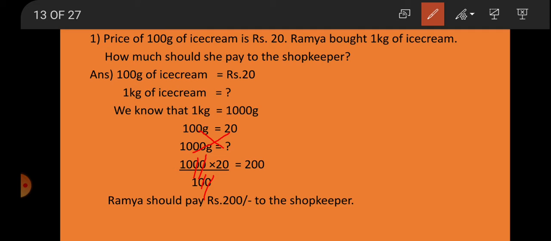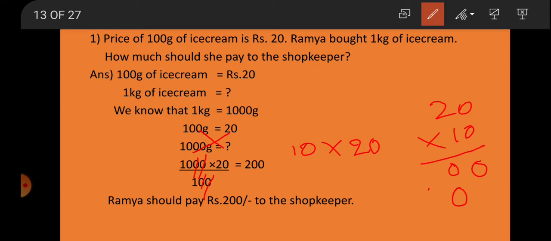So 10 into 20. 10 into 20 how much? 20 into 10: 0 times 0 is 0, 0 times 0 is 0, 1 times 0 is 0, 2 ones are 2. So the answer is 200. Right? So 1 kg ice cream is 200 rupees. Okay, understood?